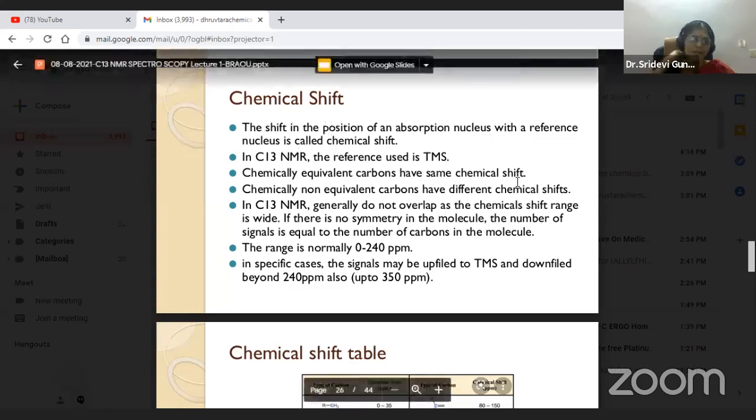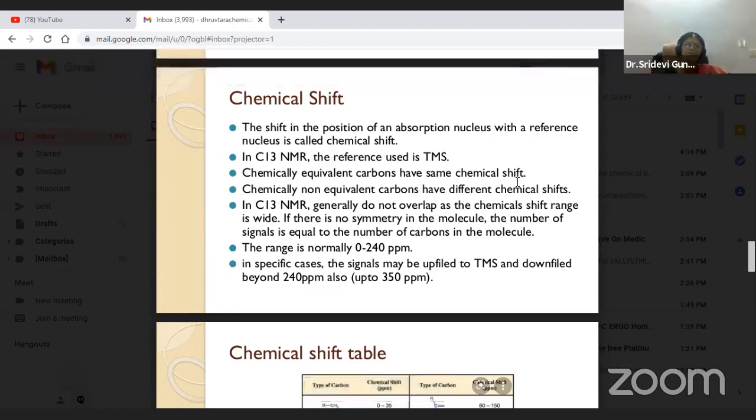So what is the reference used in proton NMR? TMS, tetramethylsilane. Here also we use tetramethylsilane. Again, as in proton NMR, all chemically equivalent protons have the same chemical shift, and chemically non-equivalent protons have different chemical shifts.